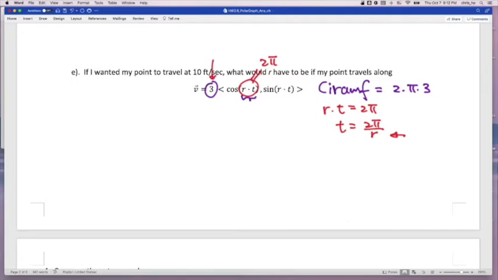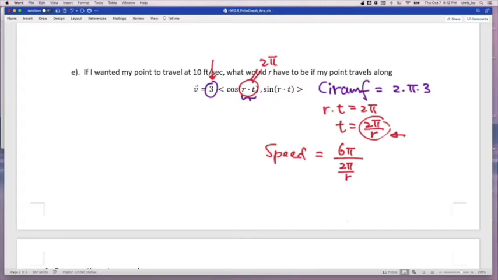All right, so now that I know the time period it takes to travel one complete revolution, and one complete revolution is the circumference, therefore the speed must be 2 times pi times 3, which is 6 pi, over the time period, which is 2 pi over r.